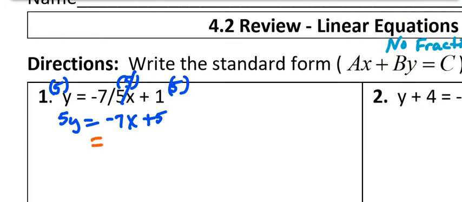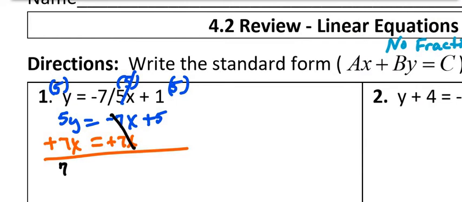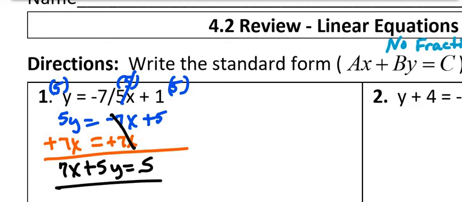So I'm going to say plus 7x, plus 7x, and this will cancel out, and I see that my final answer written in standard form is 7x plus 5y equals 5. So this is my final answer.